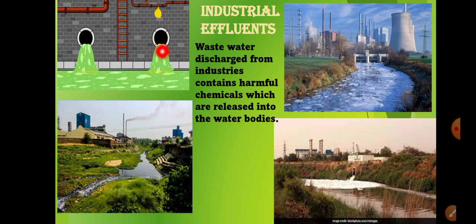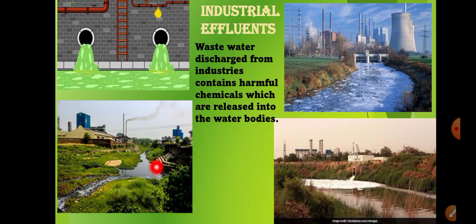In the first picture you can see how the industrial effluent is coming out. Here you can see a real life picture which shows that the wastewater released from the industry is causing a change in the water body. You can see this is very filthy, really foamy, right? You can see here also, once the water is released from the industry, it is causing foam formation.